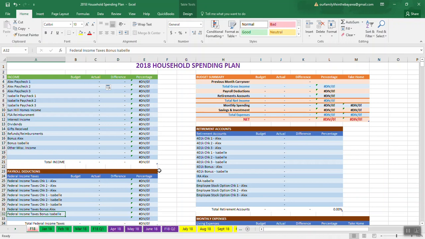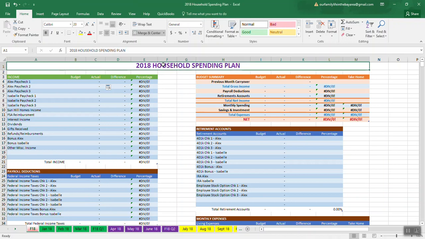So this is our 2018 household spending plan template, and this is what I'm going to be using for 2018. I already have the January budget laid out and ready to go, but I just want to show you guys this spreadsheet.